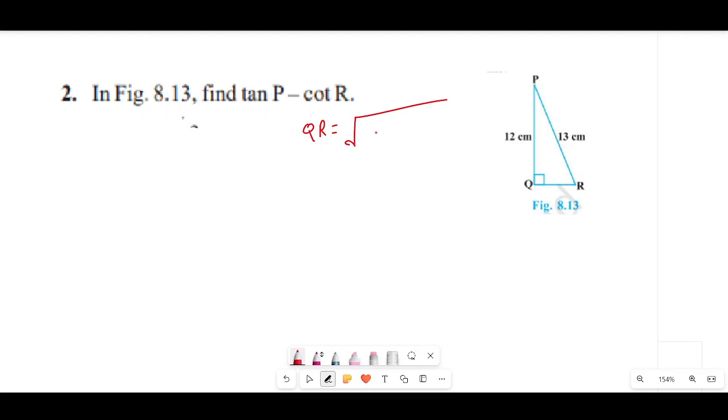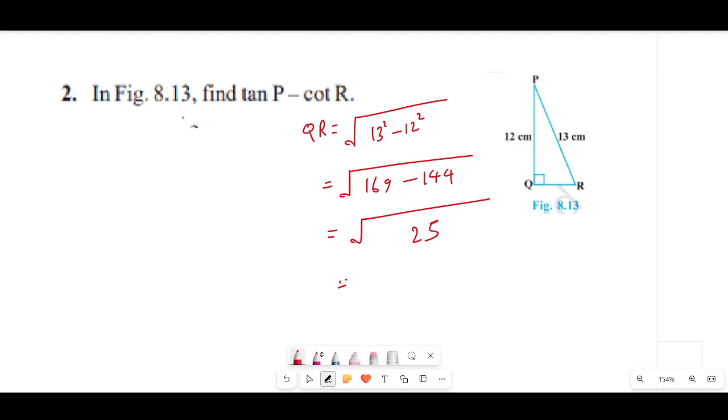Here the bigger side is 13, so 13 square minus 12 square. The square of 13 is 169 minus 144. Then what will be the answer? 25. That means 5 centimeter is the value of QR. Clear?